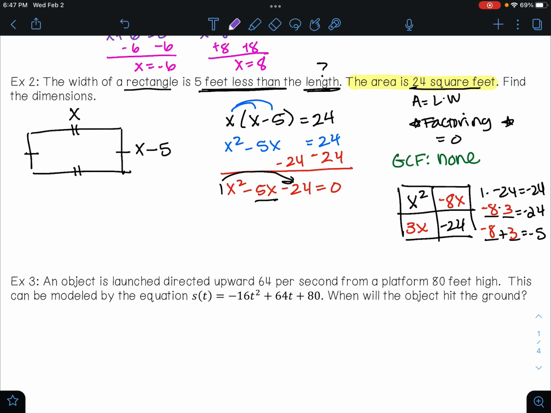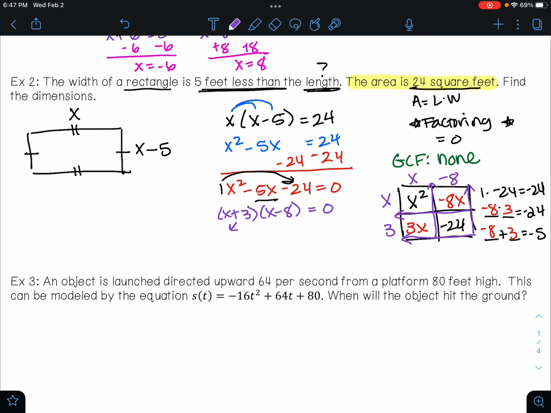So now I can find the GCF of each row and of each column. The GCF of the top row is x. The GCF of the bottom row is 3. The GCF of the left side is x. And the GCF of the right side is negative 8. So I'm going to have x plus 3 times x minus 8 is equal to 0.